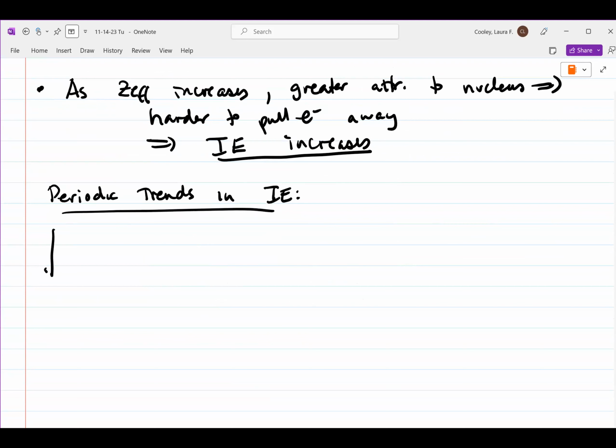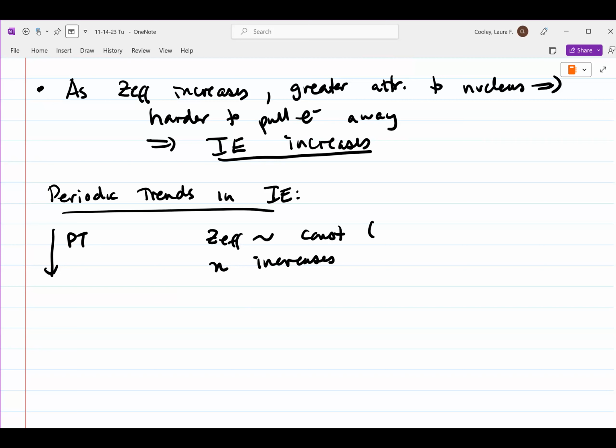As you go down the periodic table, what happens to Z effective? More or less constant. What happens to N? Do you all agree with him? I only get one answer, but it'd be nice if a few others would answer too. All right.